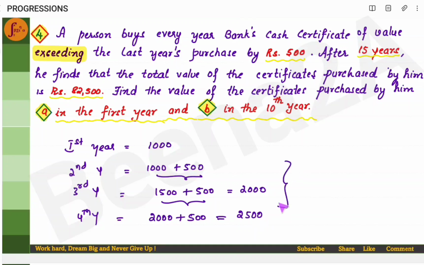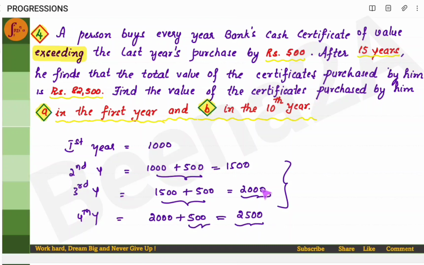So this way every year he'll purchase the certificate and put an extra 500 rupees compared to the previous year. First year he put 1000, second year he'll put 1500, third year 1500 plus 500. Fourth year he'll take 2000 rupees, the third year plus 500.